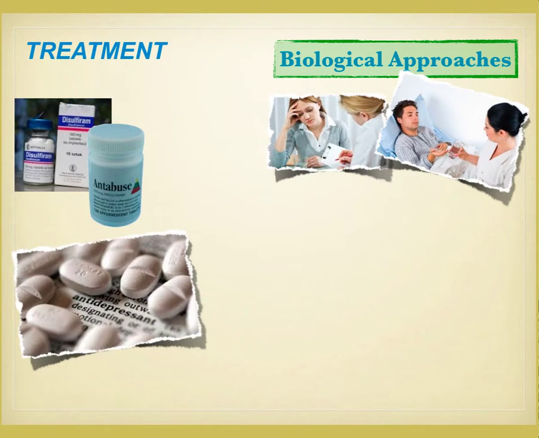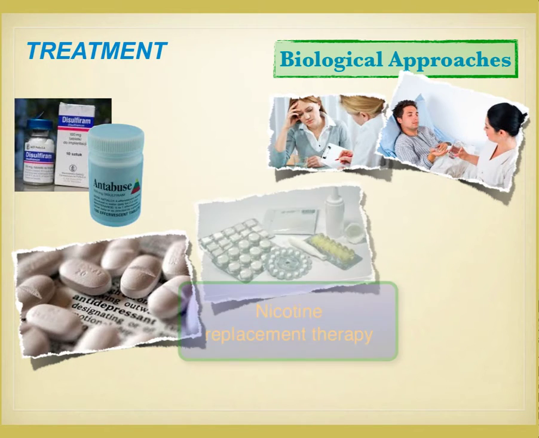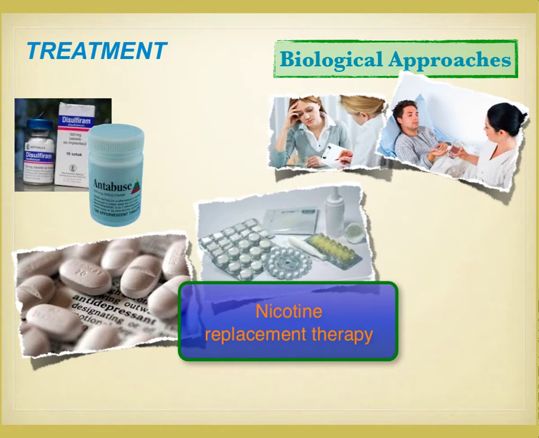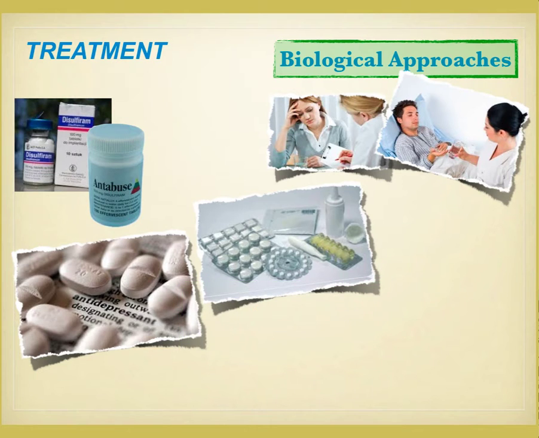Antidepressants are used with cocaine treatment. It's a regulator of feelings of pleasure, and it helps stabilize the emotional experience. Nicotine replacement therapy will help reduce the withdrawal symptoms for smokers, as does Antabuse or disulfiram.